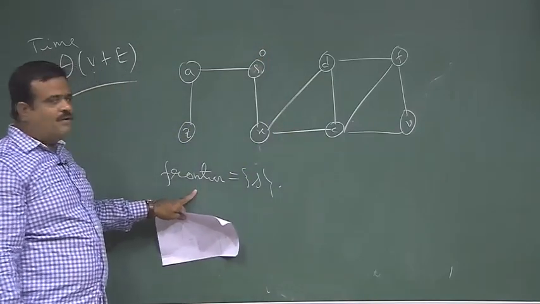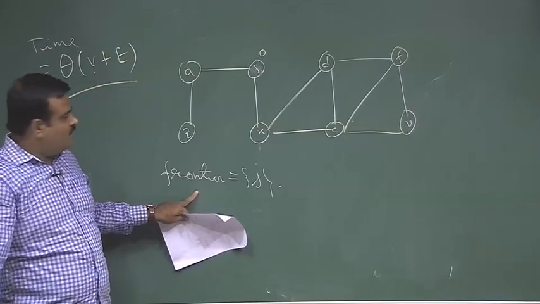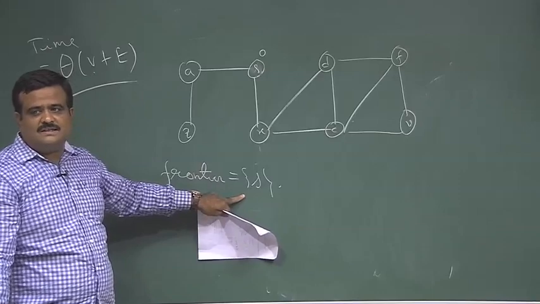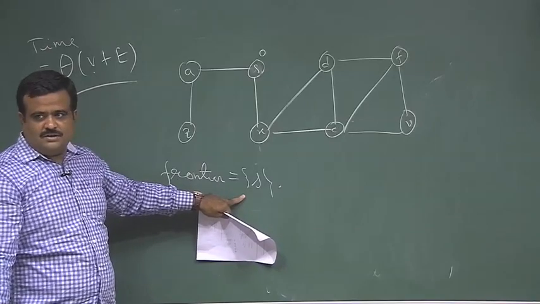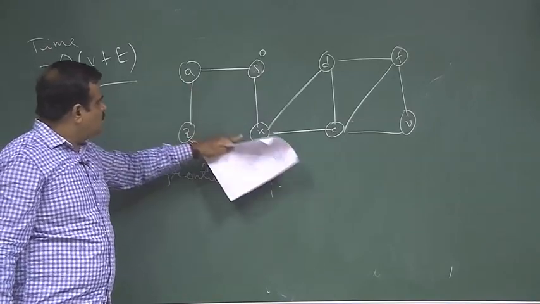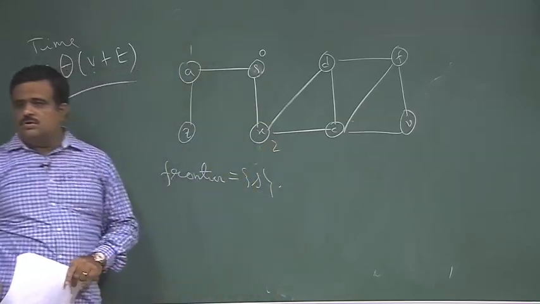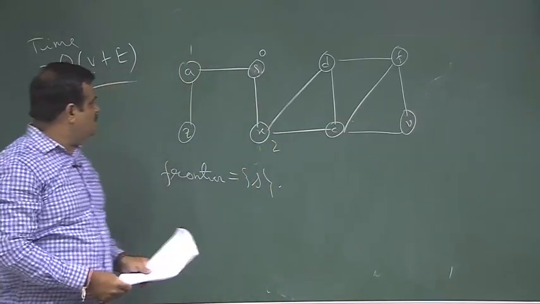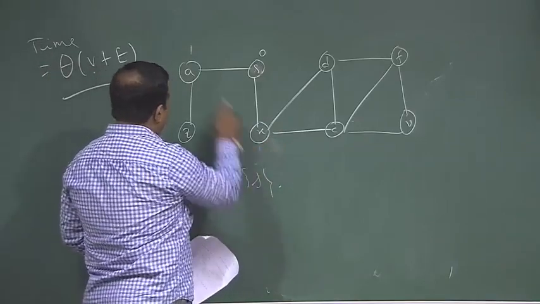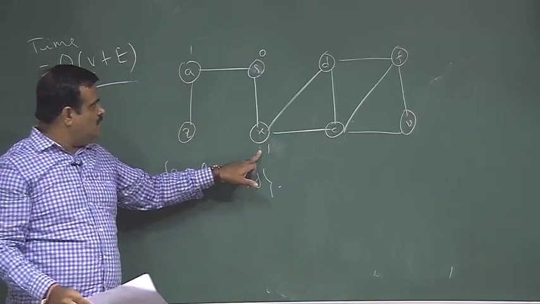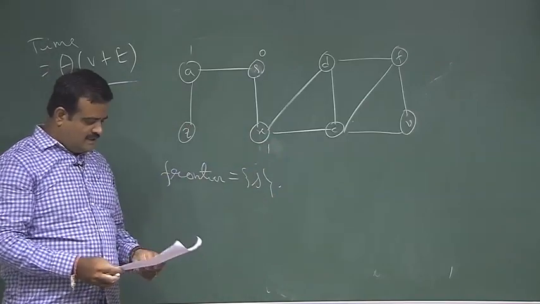Now we check whether the frontier is empty; no, it is not empty. So we extract this, the u vertex, and check all the adjacent vertices of it. The adjacent vertices of this are these 2, so this is 1. These 2 are adjacent, so this is the next level. Now I is 1, and these are the next level vertices.